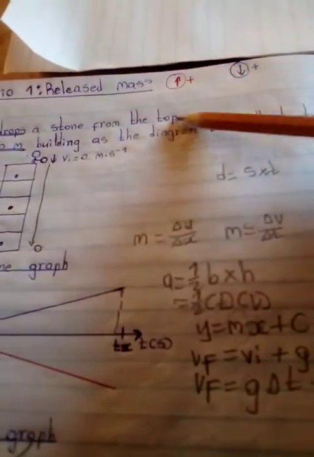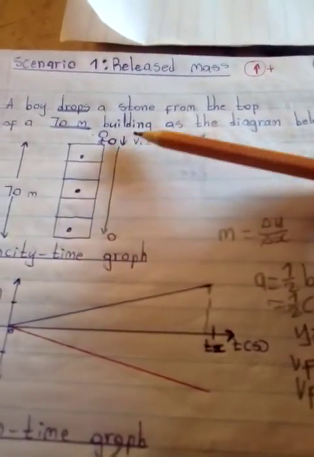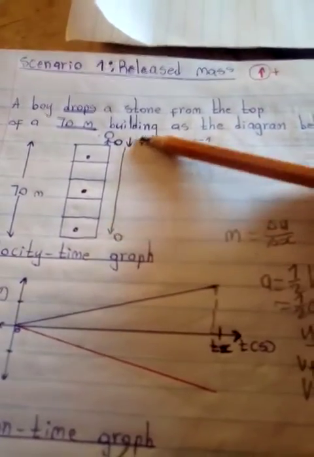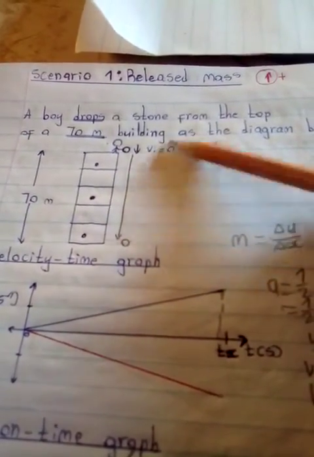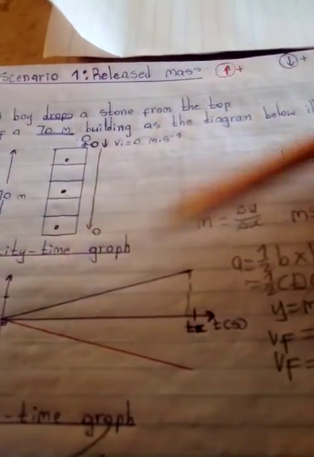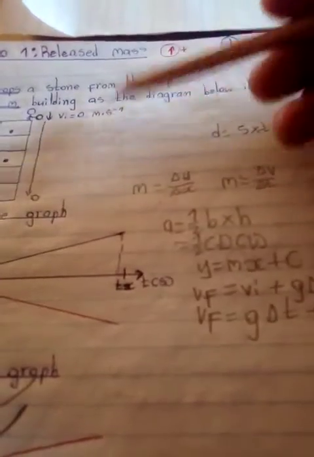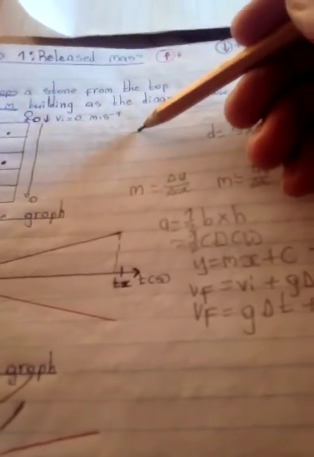Back to the position time graph, we choose upwards as positive. If you choose upwards as positive, but the displacement, the stone is going downwards, that means your gravitational acceleration will be a minus 9.8, because no matter which direction you choose, gravity will always act downwards.